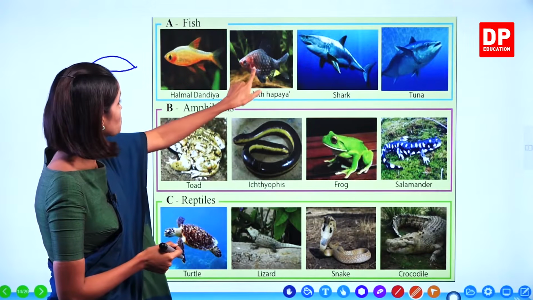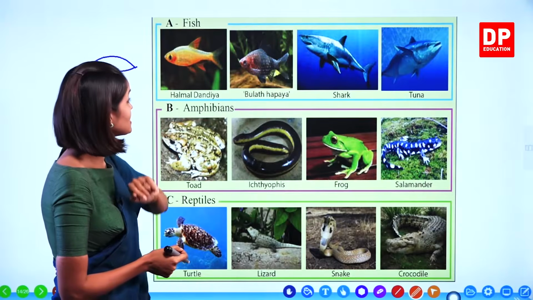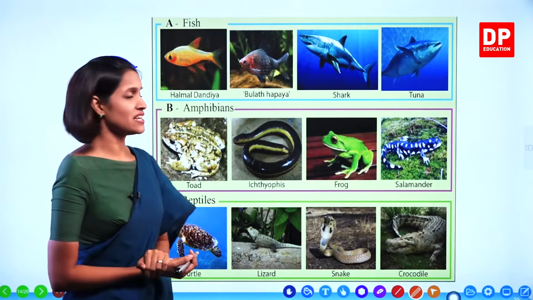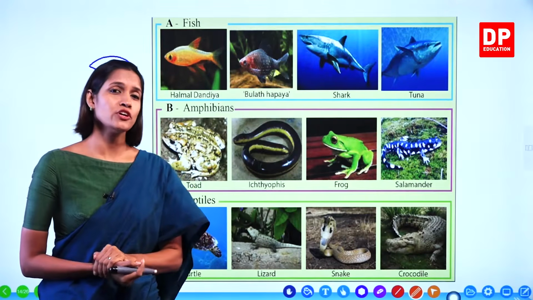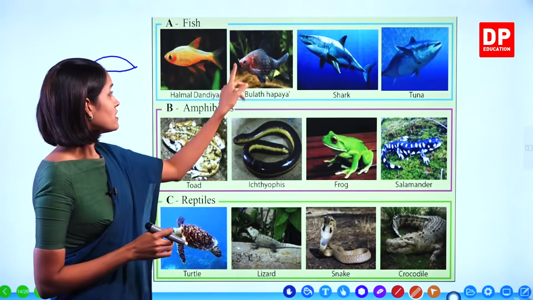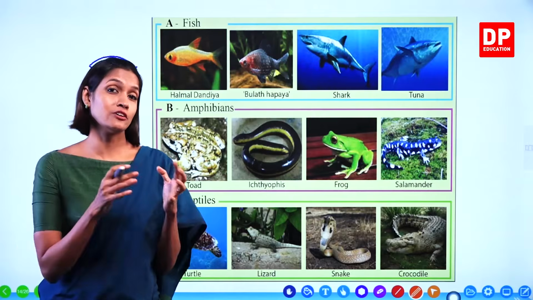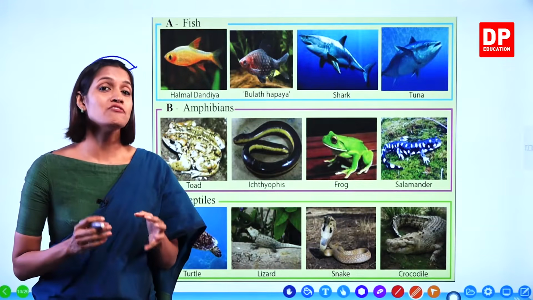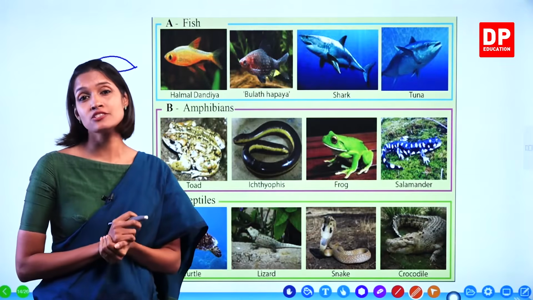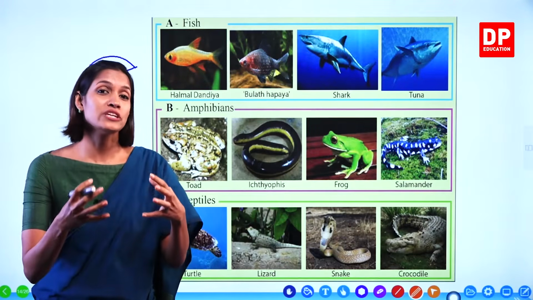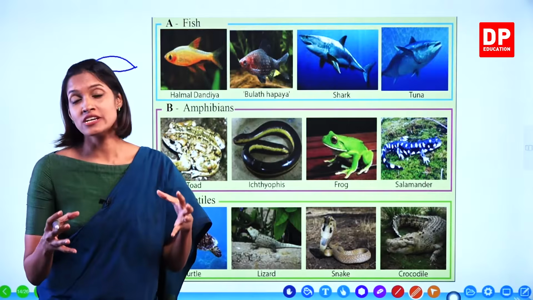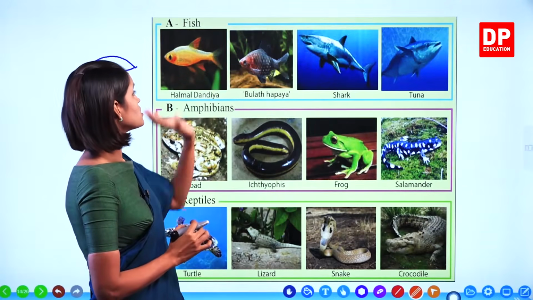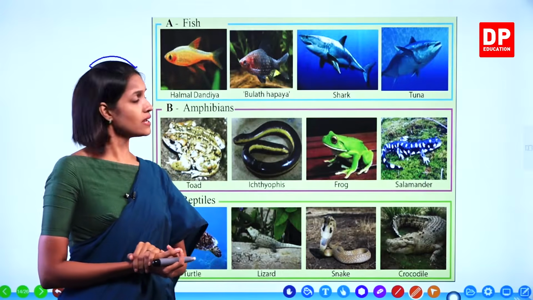If you look at this Bulathapea's picture, you can see the scales very clearly. And what are the other features that they have? We all know that they have to breathe oxygen that is dissolved in water, right? Therefore, they have special structures called gills to take this oxygen dissolved in water. So these are the common features of fish, right?